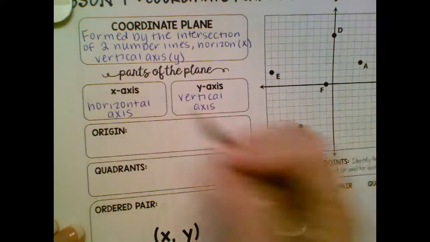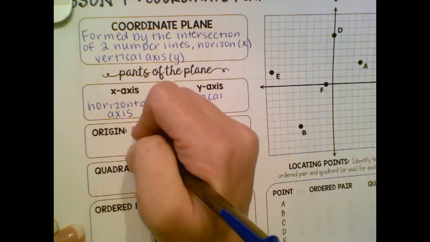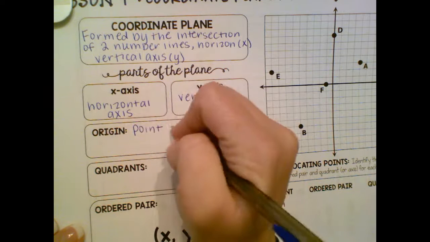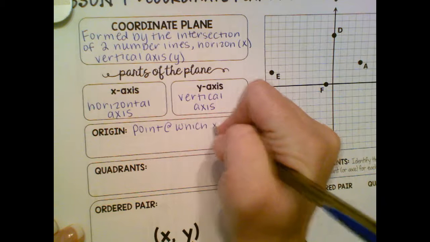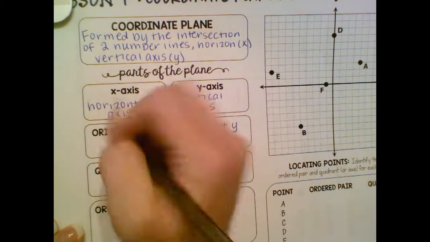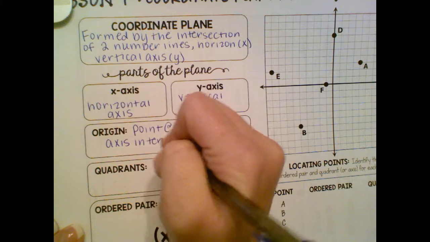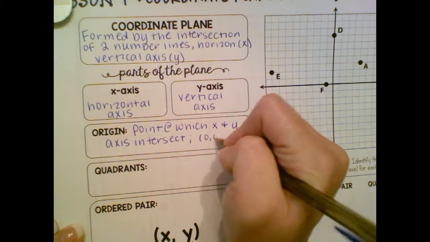Origin is where the x and the y axis intersect. This point is 0, 0.